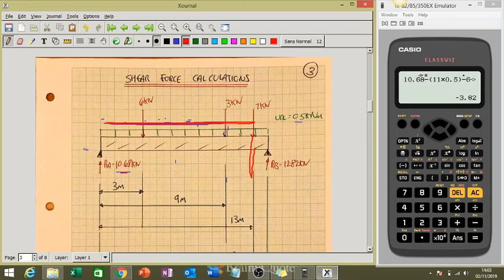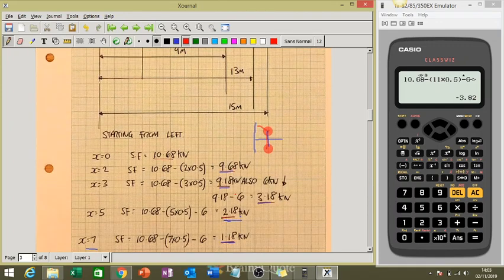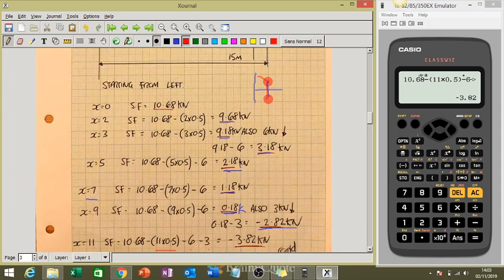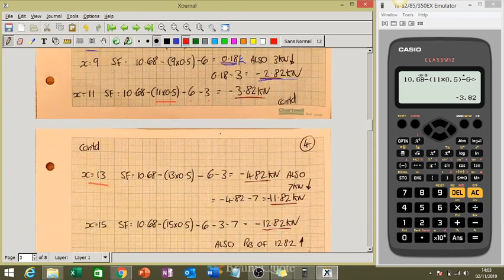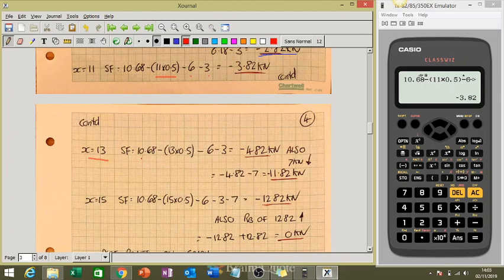So I've got that force coming up, coming down, coming down, coming down, and I've got 13 meters worth of my UDL. So we'll have 2 points like we did before, a point like that and a point like that. X equals 13, that's my force coming up, 13 meters of my UDL, point load coming down, point load coming down.